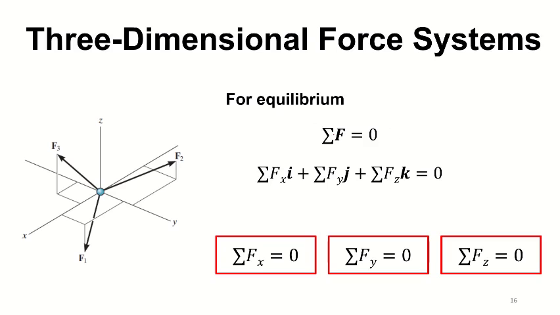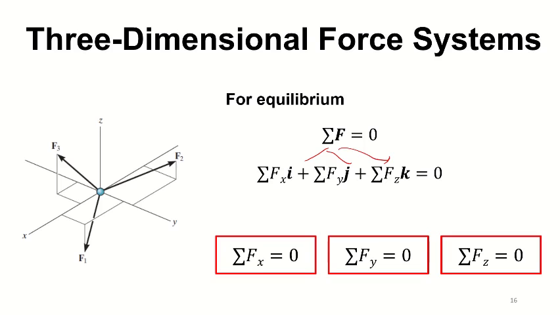This is the vector F, so this summation means vector summation, right? Since we now have 3 dimensions, we can write it like this: sigma Fx times i plus sigma Fy times j plus sigma Fz times k should be equal to 0. i, j and k are unit vectors along the x, y and z directions, right?